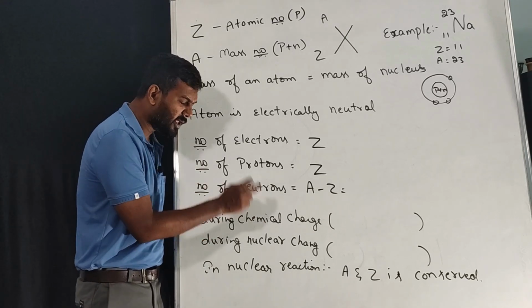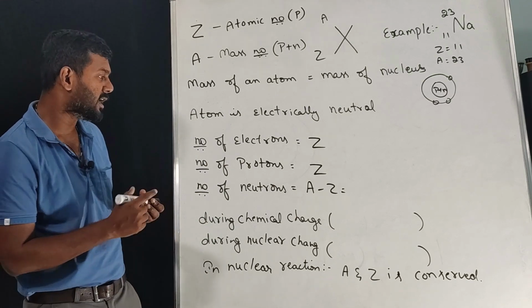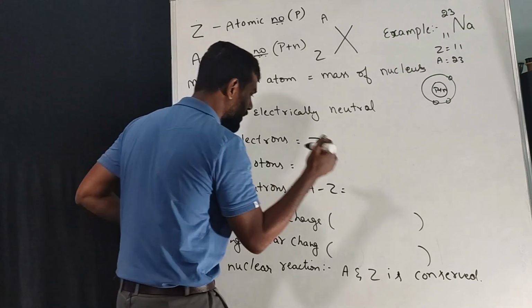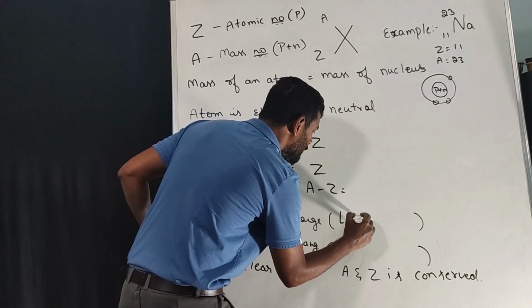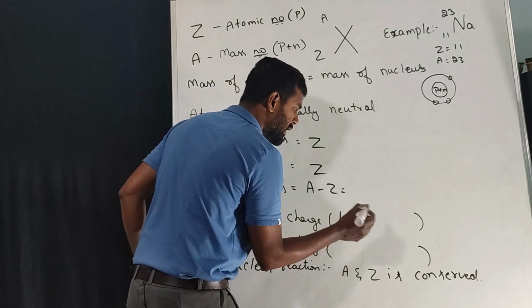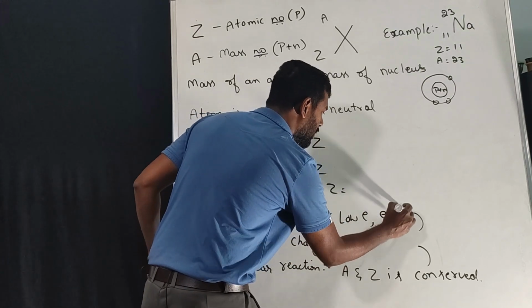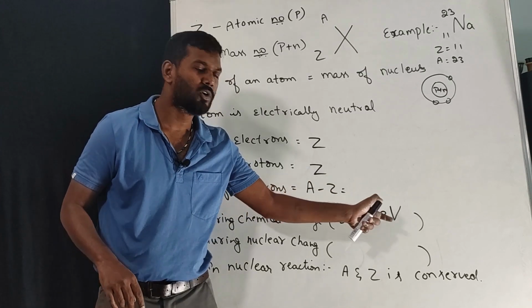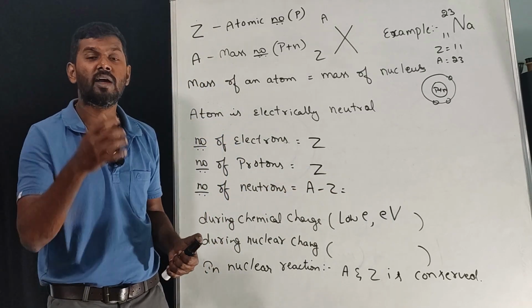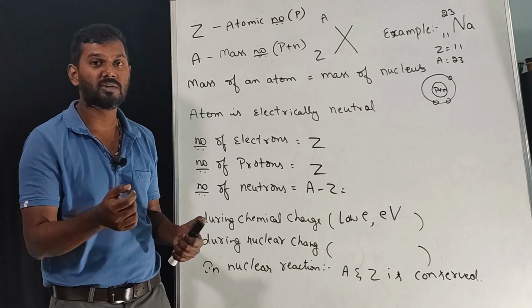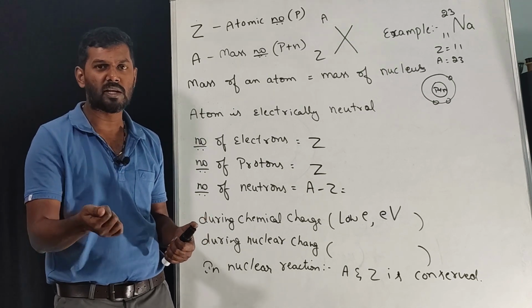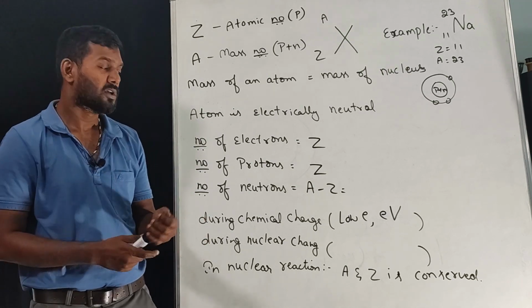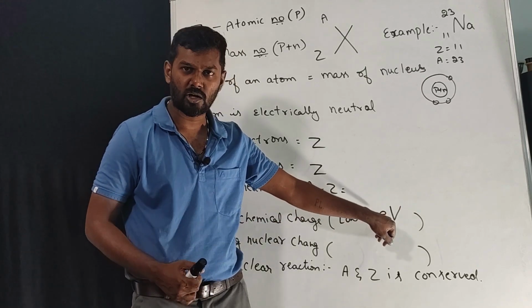During a chemical change, it requires low energy, in the form of electron volt. I know you'll get confused. Electron volt is nothing but one of the units of energy. When it comes to energy, the main unit is joules, and there is a conversion between joules and electron volt.